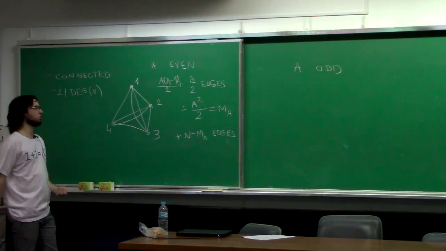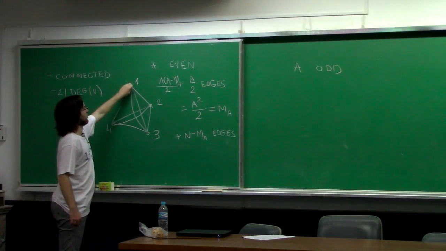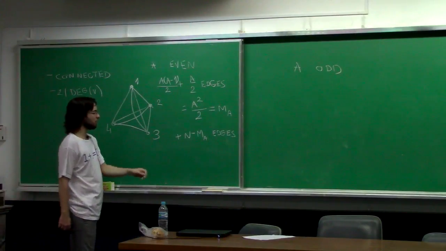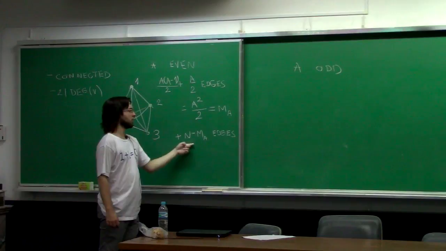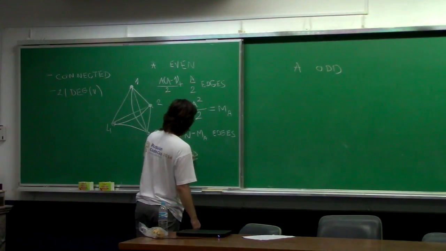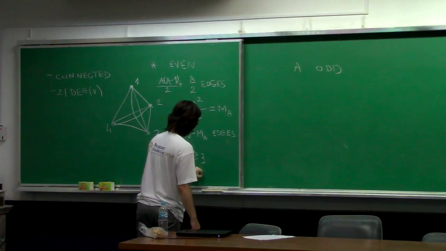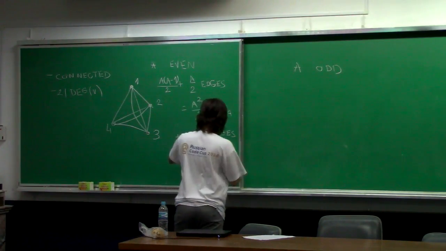And if n minus MA is odd and greater or equal to 3, so there are 3 cases.